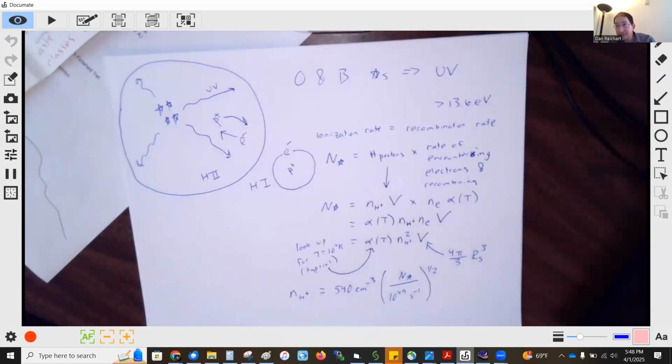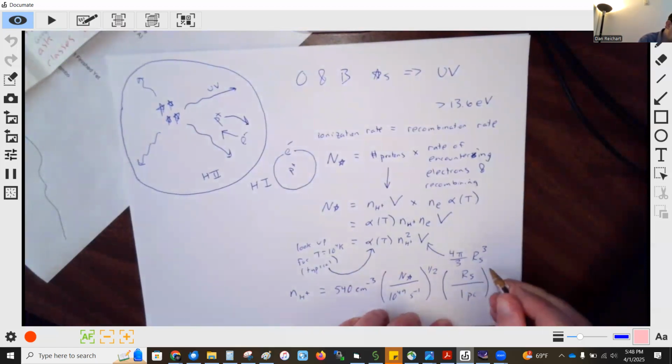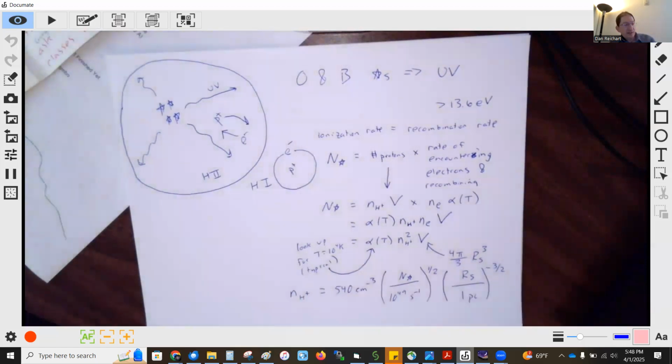Save yourself some potential problems. And lastly, we have the radius. When you solve it, do some unit substitutions. You get r sub s measured in parsecs to the -3/2. Again, for calculator reasons, you may just want to raise that to the -1.5.